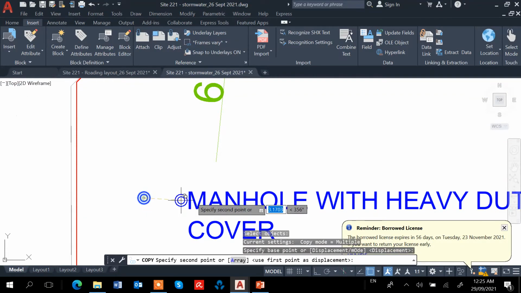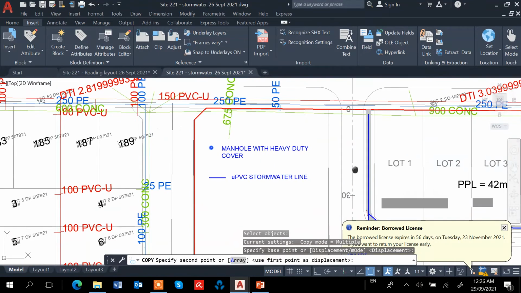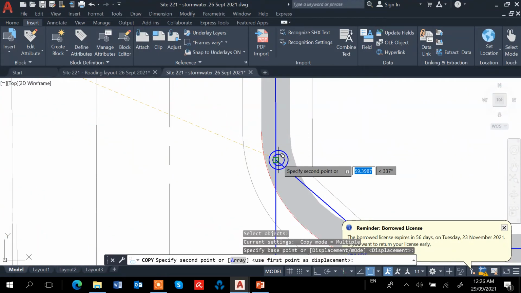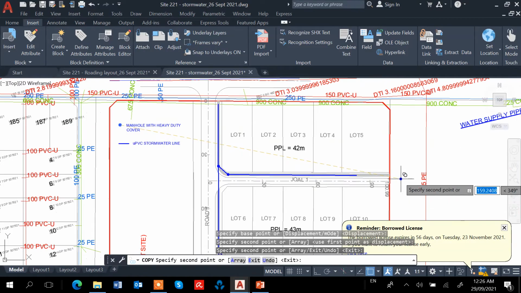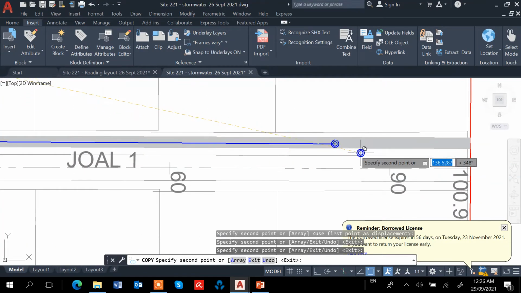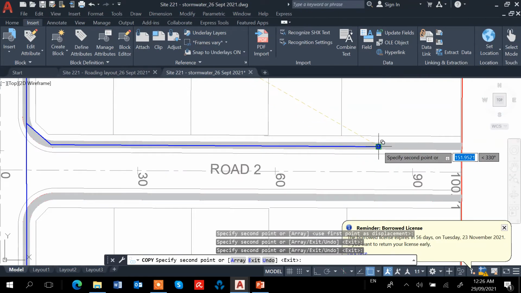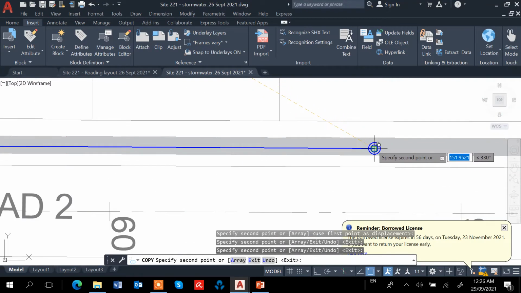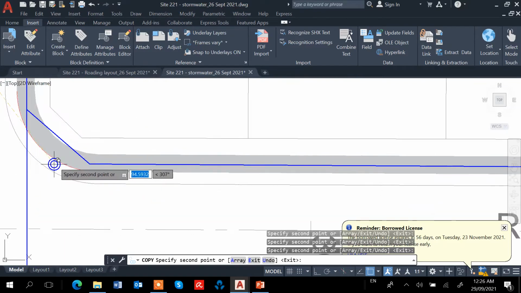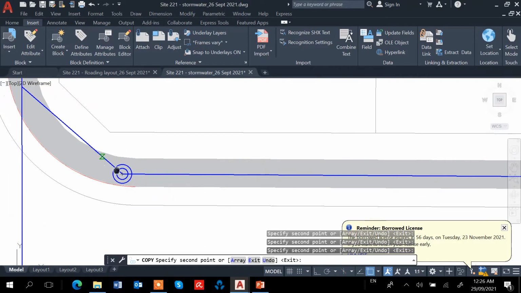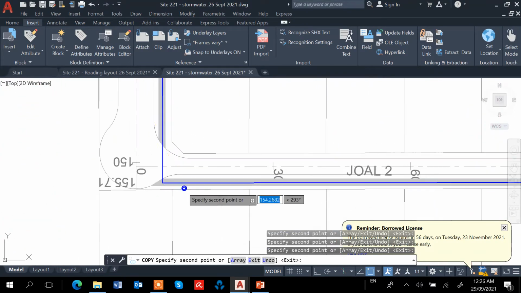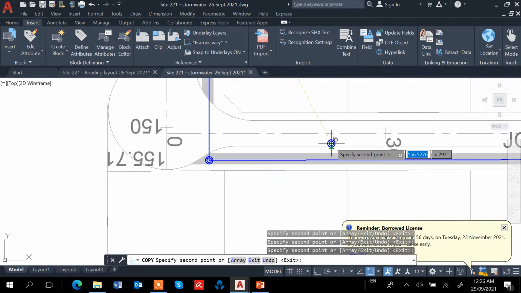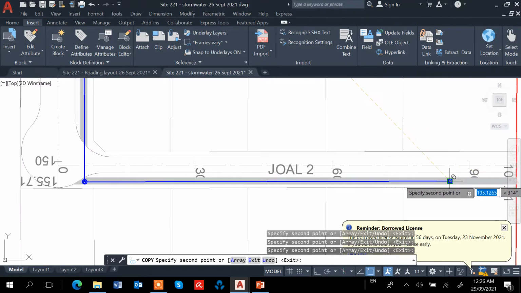So I just copied from the center. I need to put one at the end as well. Okay, the intersection. All the while, I'm not going to introduce any traffic loading for this manhole.